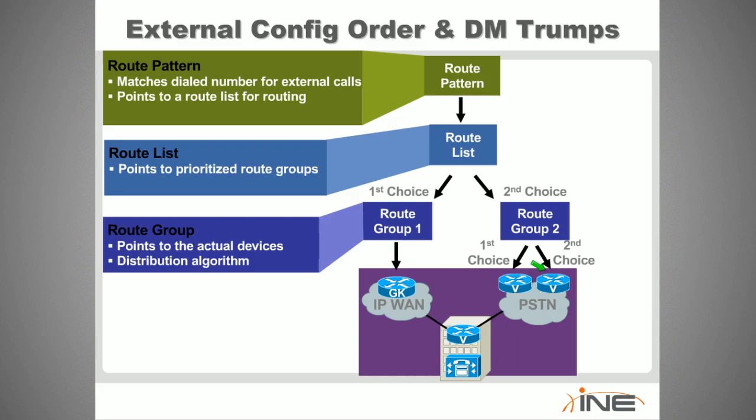We could have a PSTN PRI, H323 gateway. We could also have a gatekeeper. Now, it's typically a very bad idea to mix types of gateways or trunks within a route group. Typically, and I would conservatively say that most of the time, if not all of the time, we're going to want to put trunks of the same type or gateways of the same type into our route groups.